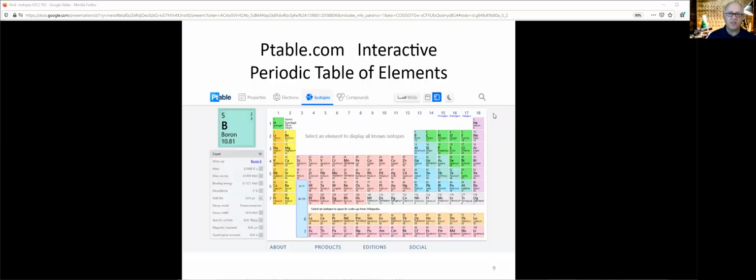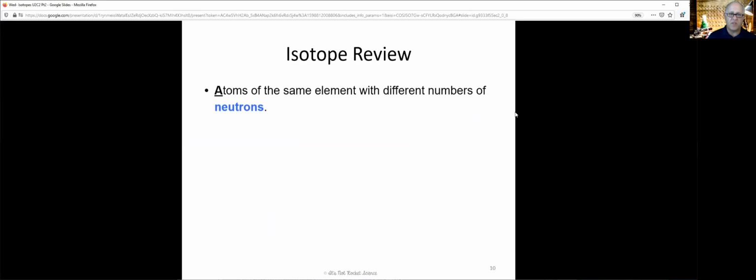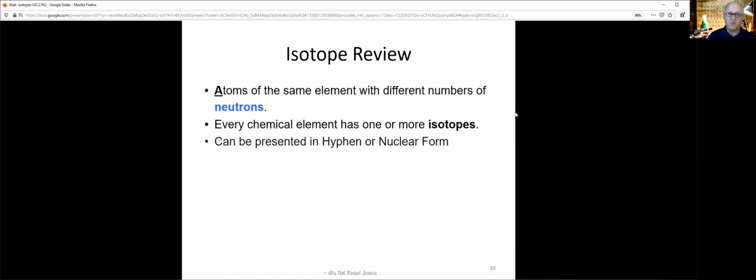Okay, so you spend a little time using p-table on your own. Let's do a quick review of isotopes. You might want to jot this down as well. Atoms of the same element with different numbers of neutrons are called isotopes. Every chemical element has one or more isotopes. It can be presented in hyphen or nuclear form.